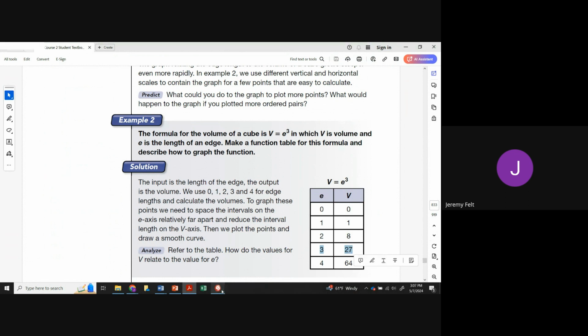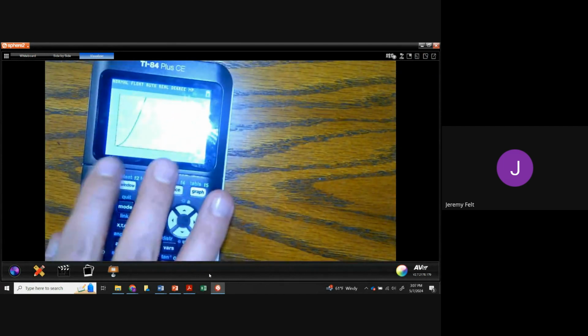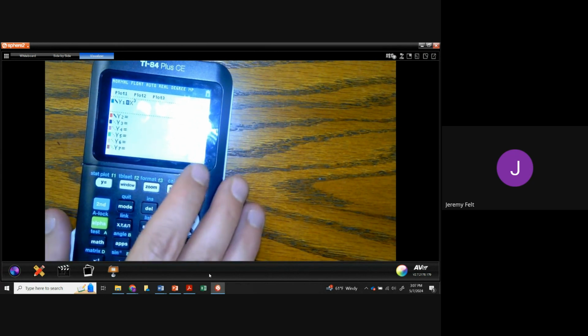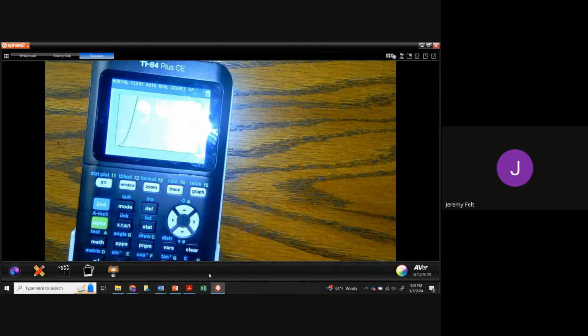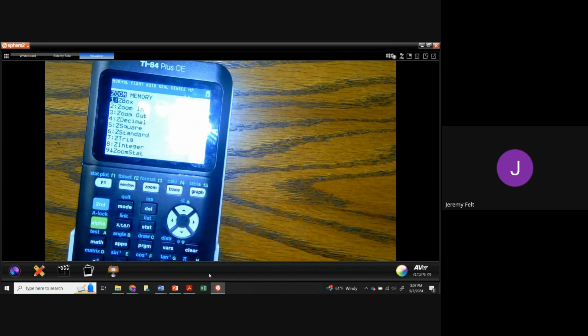So if we wanted to graph that one and see what it looked like, okay. E we can call x again, but instead of our exponent being 2, we're going to make that 3, and we're going to graph it. And we can even, I want to see right there.